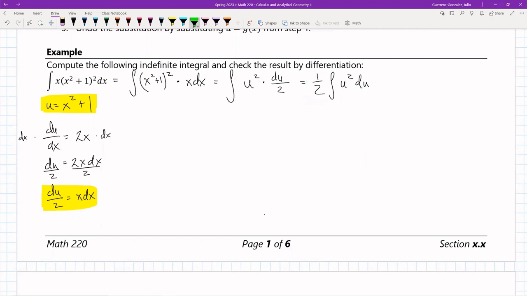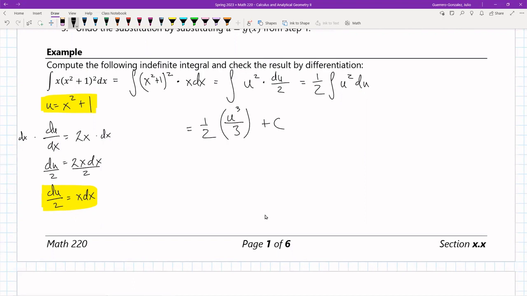Okay. And if you guys remember, for those of you that were able to go through it, it's going to be 1/2. So the rule here is you add 1 to the exponent and then divide it by whatever that number is. So it's going to be u cubed over 3. And since this is an indefinite integral, I have to add my plus c constant at the end.